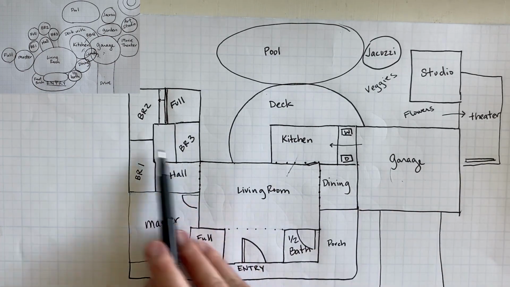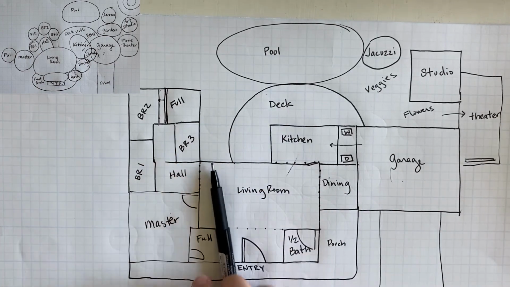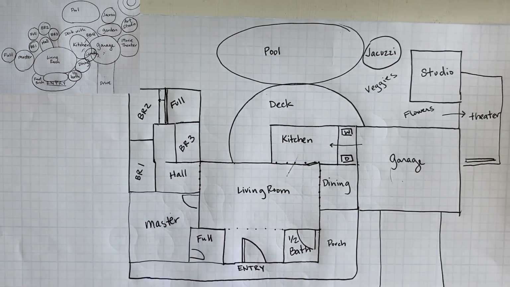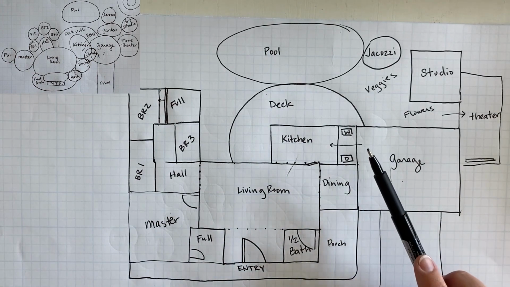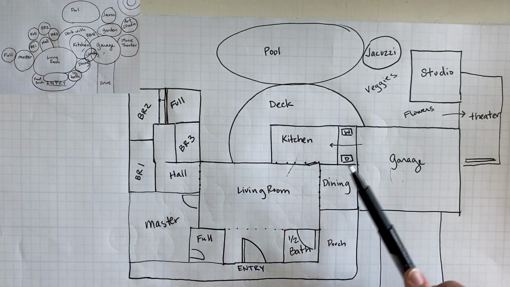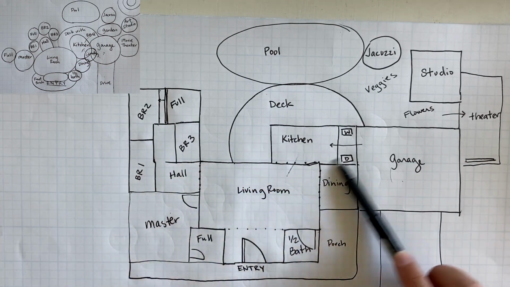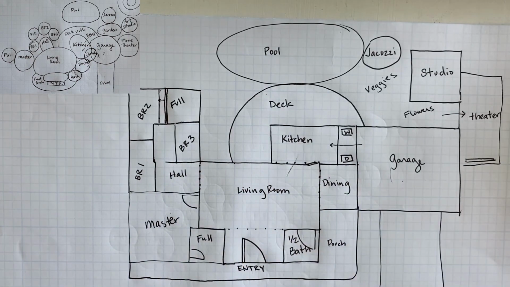And then this is nice because this bedroom would have a nice view. These bedrooms would have a little bit more privacy going this way. And they're far enough away from our laundry that it doesn't make too much noise, but they're still pretty accessible to it as well.